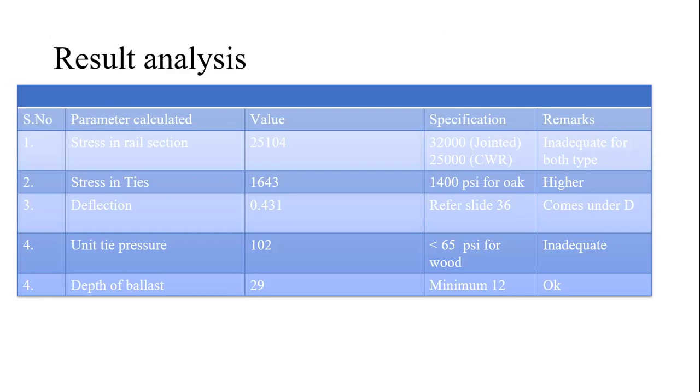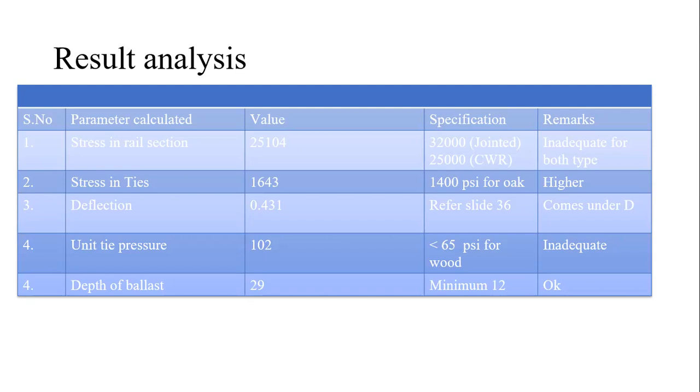The specification says if it is jointed rail, you are allowed 32,000 psi, and if it is CWR, it is 25,000. If we consider continuous welded rail, the value is theoretically inadequate, but it is still valid for jointed rail, not for continuous welded rail.